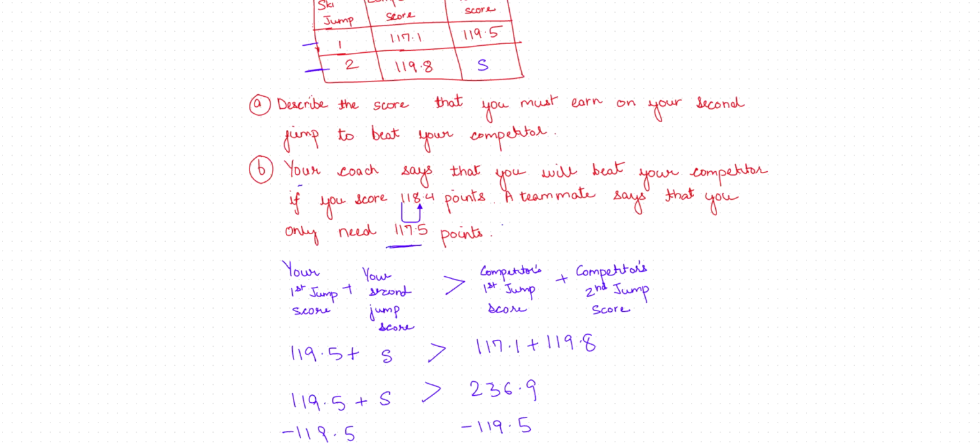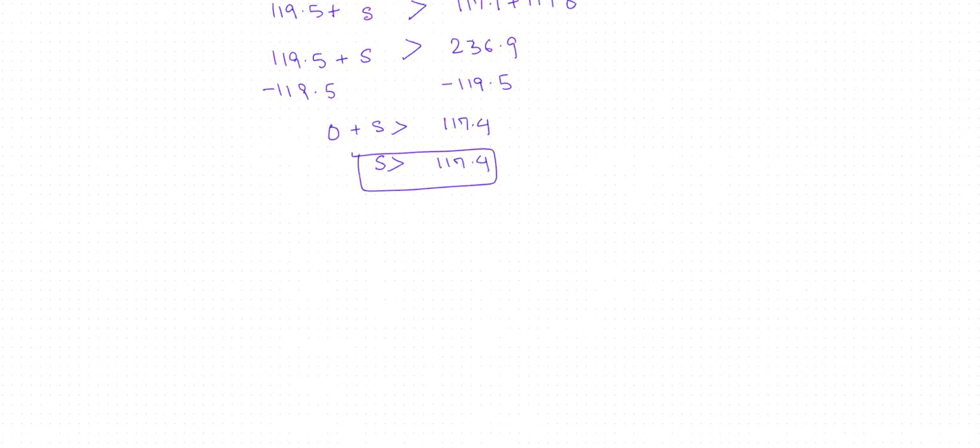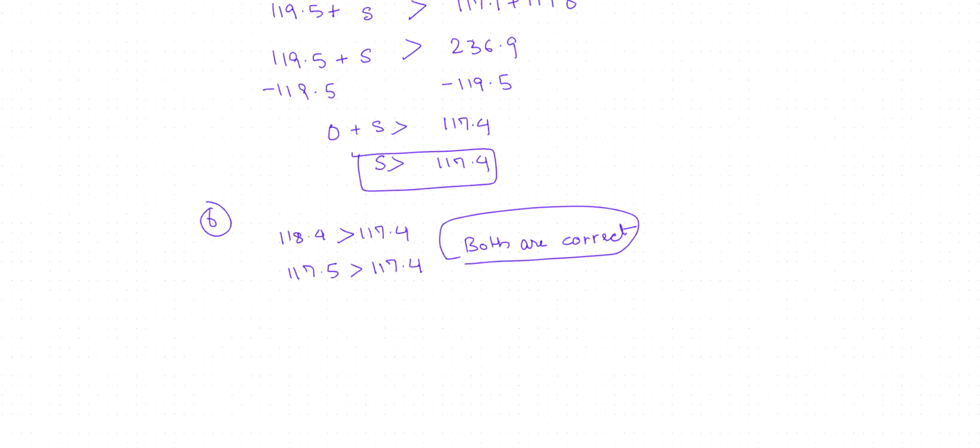So actually both are correct, because 118.4 is greater than 117.4, and also 117.5 is greater than 117.4. So any score greater than 117.4 will make you win the ski jump.